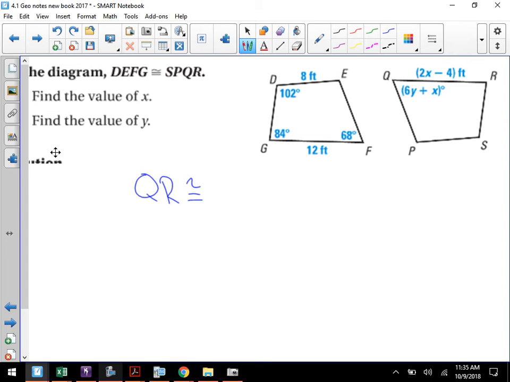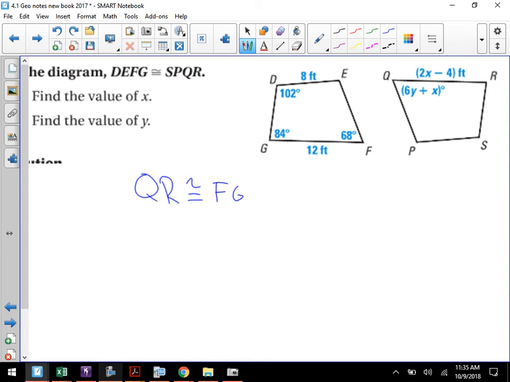FG. It's got to be FG. Don't believe the picture. Follow the congruency statement. Especially if things aren't marked. That's why we do these statements, that way you can figure out what ones match up.